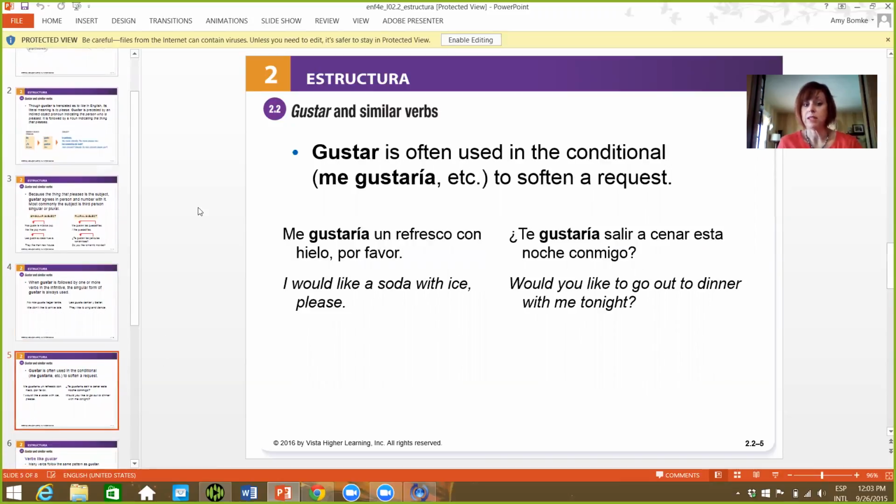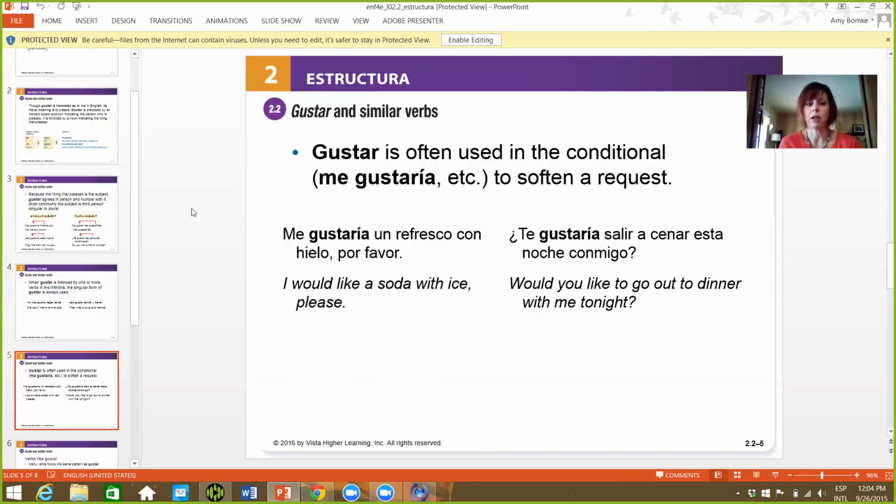One of the points that I wanted to cover that they mention in the book is this concept, and you have an activity that you're going to have to do that's like this, I think for the Zoom chat this week. Gustar is often used in the conditional. Conditional means I would. So if you say me gustaría, it's a way of saying I would like to do this.